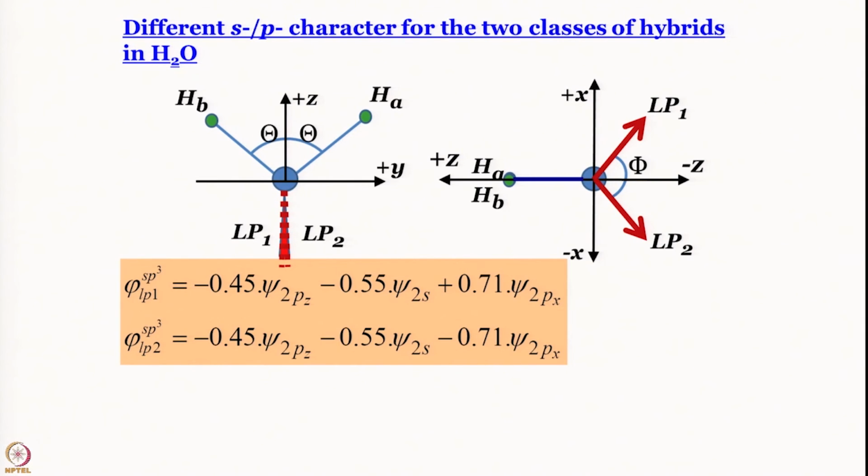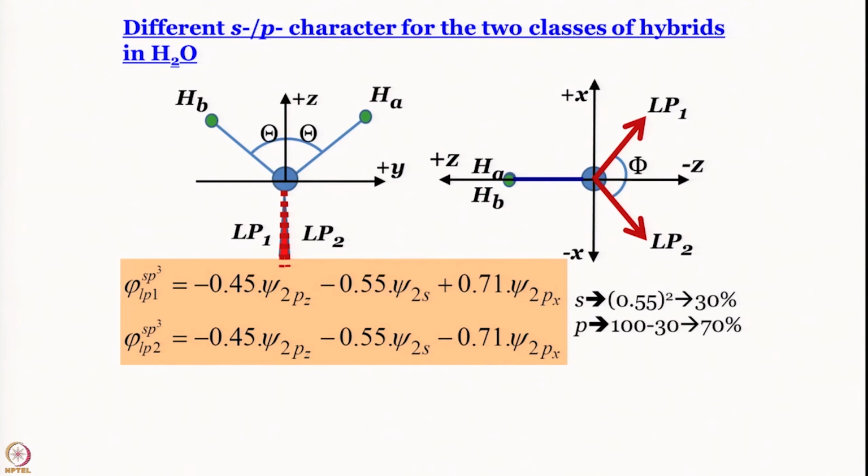But to end this discussion, what we observe is that in these hybrid orbitals used to accommodate the lone pair, the S character is 30% and the P character is 70%.